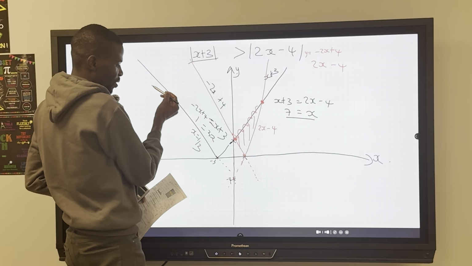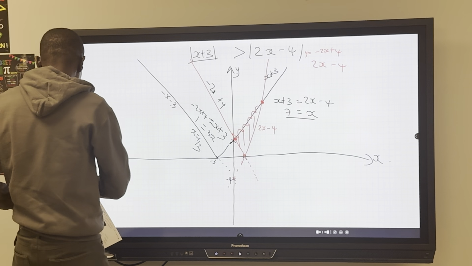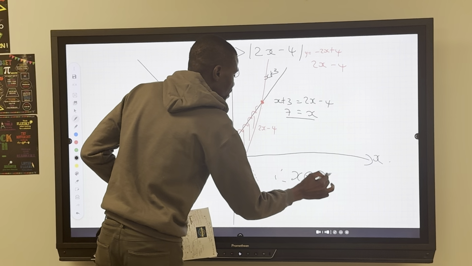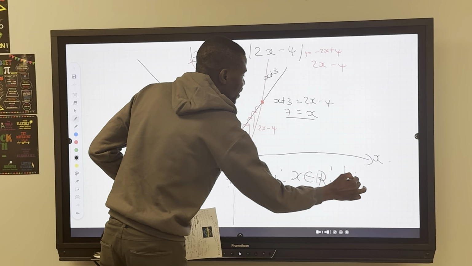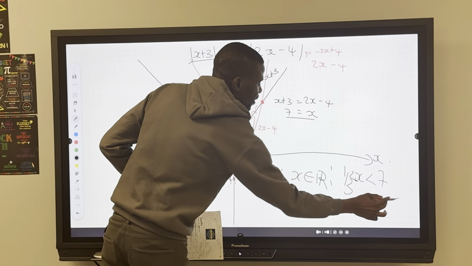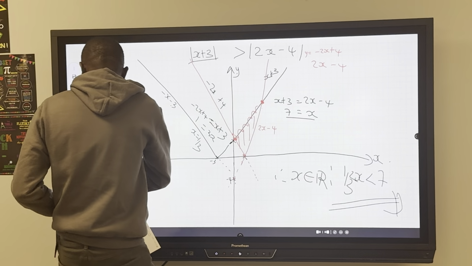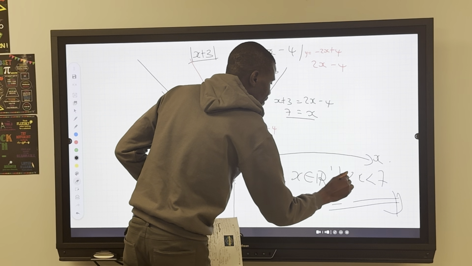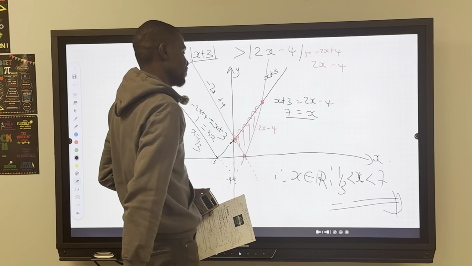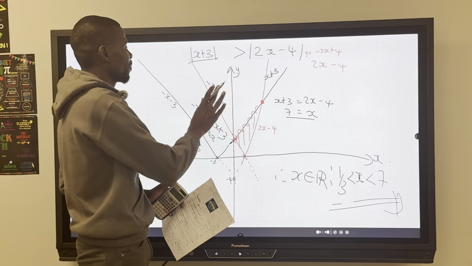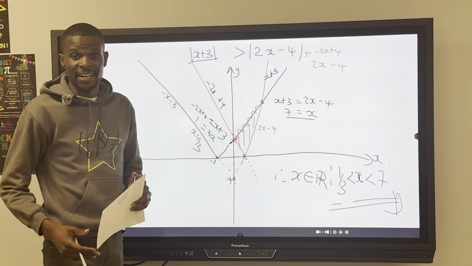So the only solution here, therefore, x is an element of real numbers such that 1 over 3 is less than x, less than 7. That's our solution set, right? So we need to be careful with modulus graphs.